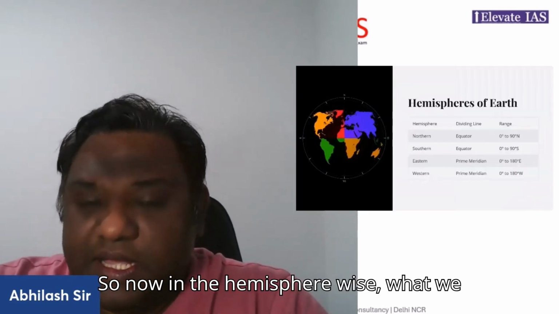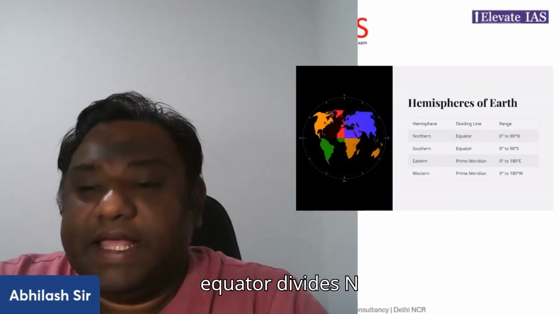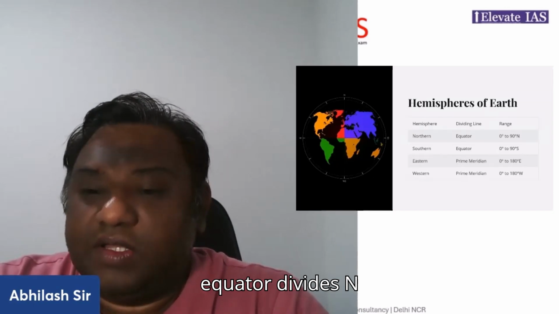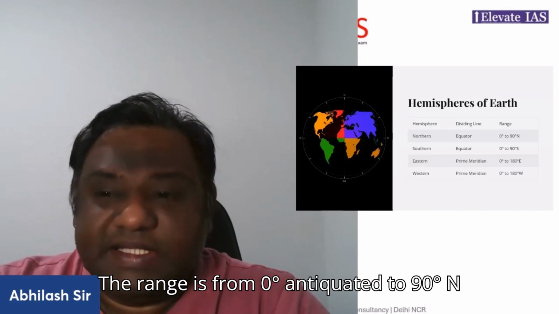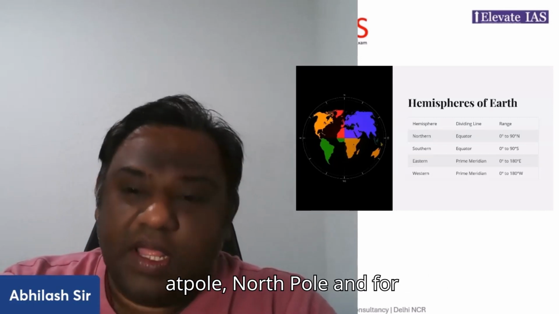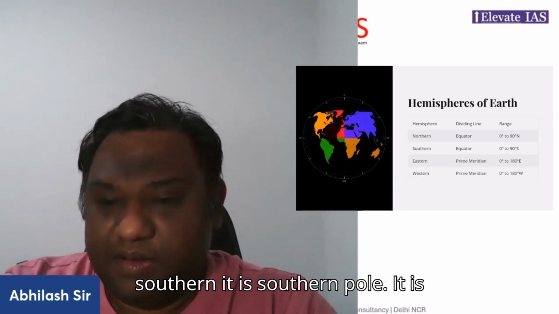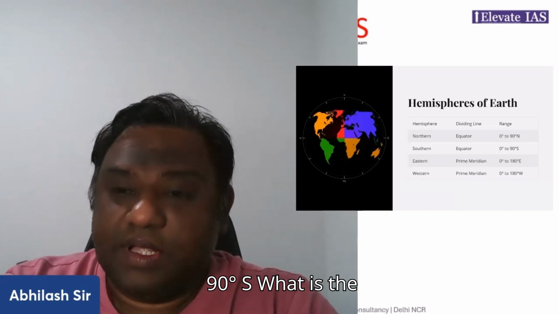So now, hemisphere wise, what we see is the equator divides the northern hemisphere and the southern hemisphere. The range is from 0 degree at the equator to 90 degree north at the north pole, and for the southern it is 0 degree at the equator to 90 degrees south at the south pole.